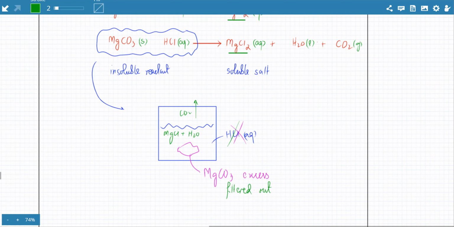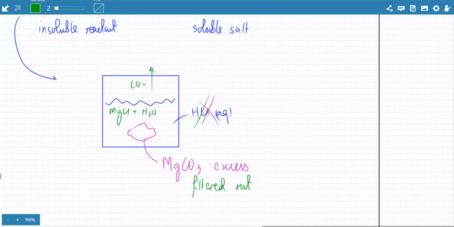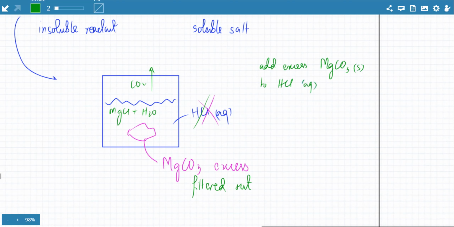Okay, this one is filtered out. So if you want to write the explanation, it's going to be: add excess MgCO3 solid to HCl aqueous and keep adding until MgCO3 remains undissolved or effervescence stops because all the HCl has gotten used up.